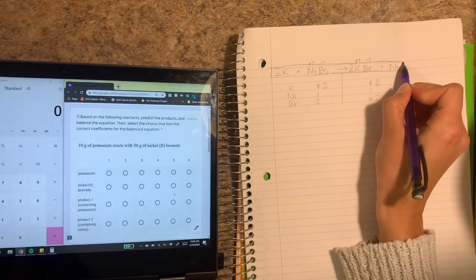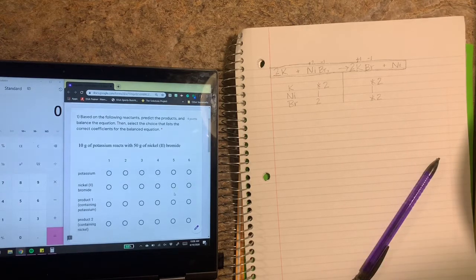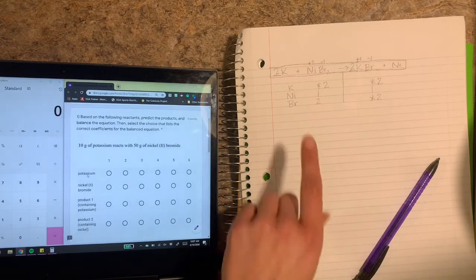And we need to put this into our Google form as an answer. So the way that you do this, it gives you the 2 reactants. So we have potassium, we have nickel II bromide. And then we have our product 1, which is the one containing potassium, and product 2 containing nickel. So we look at the potassium as a reactant.